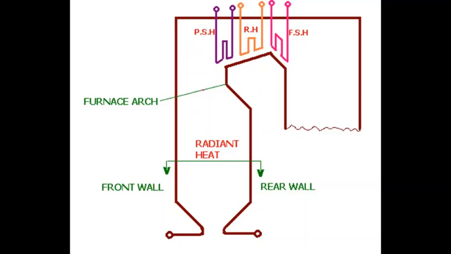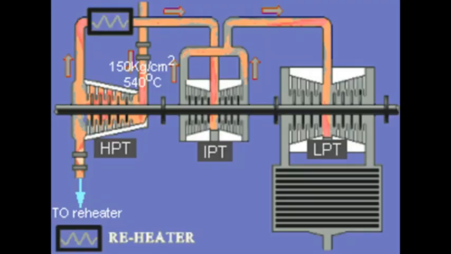From the primary superheating, we send the steam for secondary superheating or final superheating, and in between the primary and secondary superheating, we have the arrangement to control the steam temperature by desuperheating or attemperation.